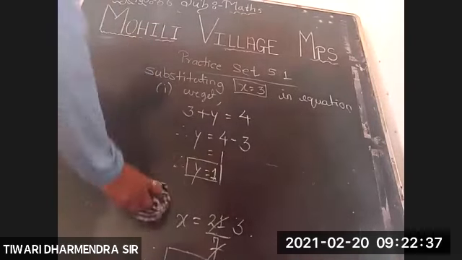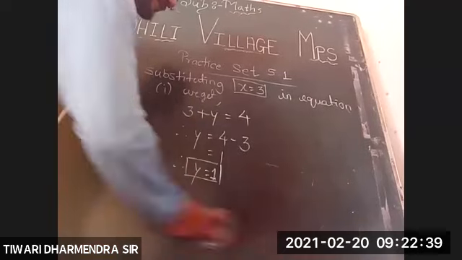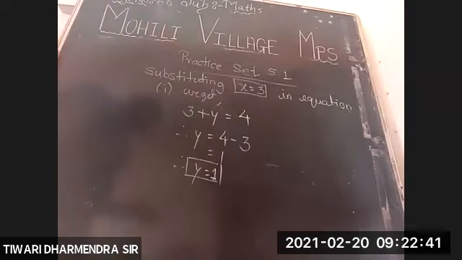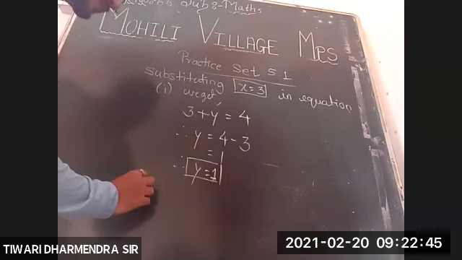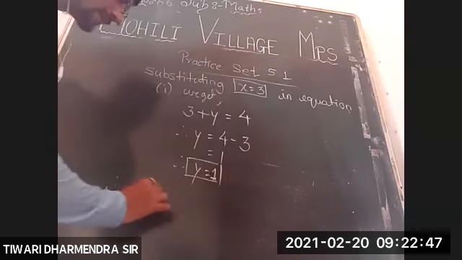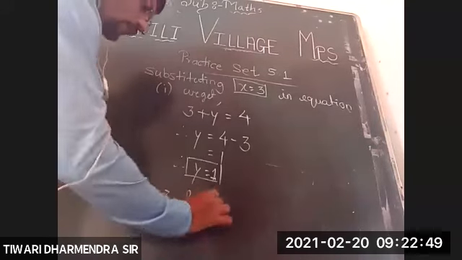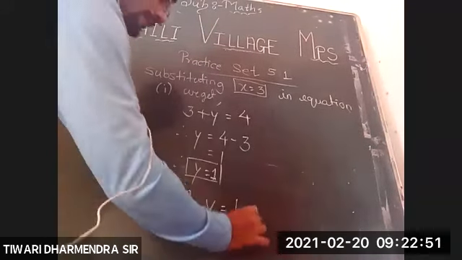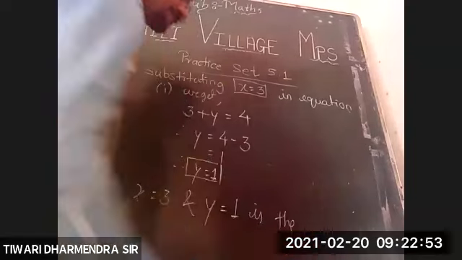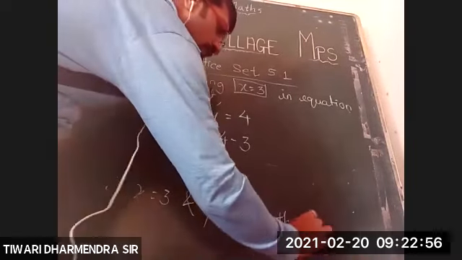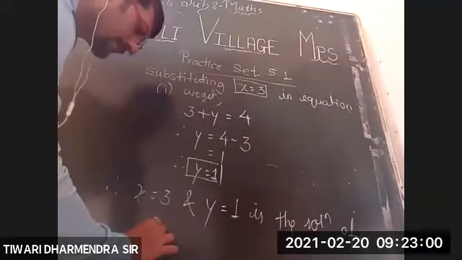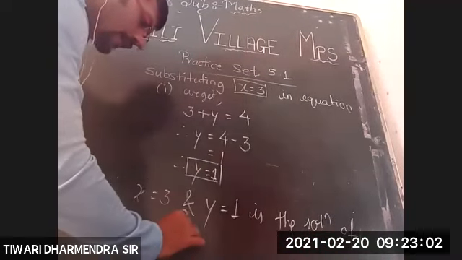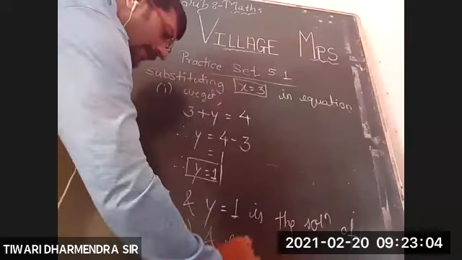So one final statement is required. Therefore, x is equal to 3 and y is equal to 1 is the solution of equation 1 and equation 2.